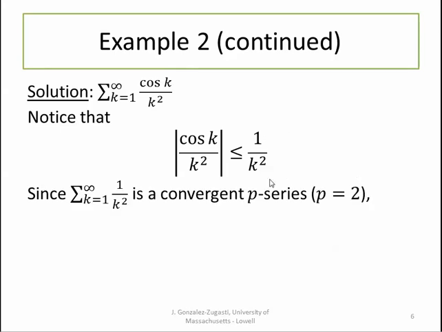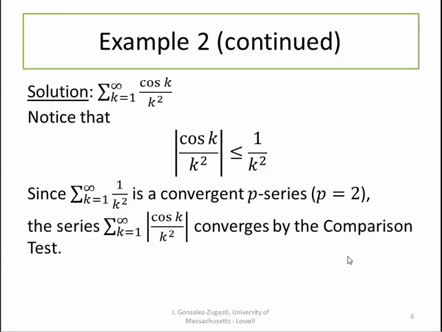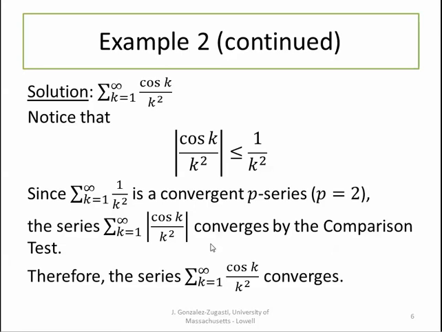Now this series, 1 over k squared, is a convergent p-series. So by the comparison test, we know that the series of the absolute value of cosine k divided by k squared converges. Since that series converges, we can now say that our original series converges as well.